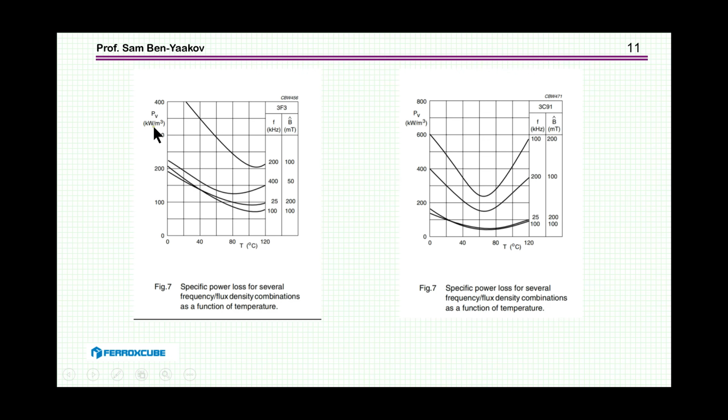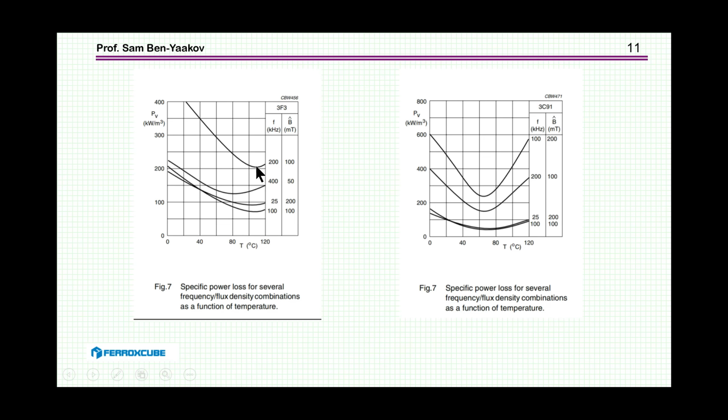It's in kilowatt per meter cubed or milliwatts per centimeter cubed. And this is degrees centigrade. And this is for different frequencies, and this is B peak, actually, for sinusoidal excitation. And you see that, for example, let's take an extreme case here, 200 kilohertz, 100 millitesla.